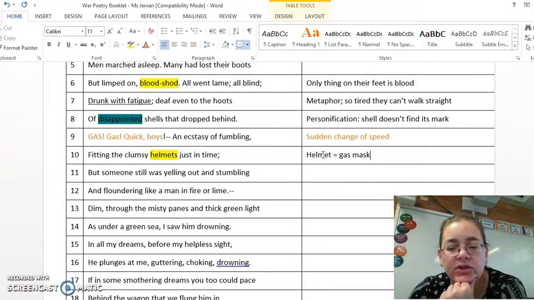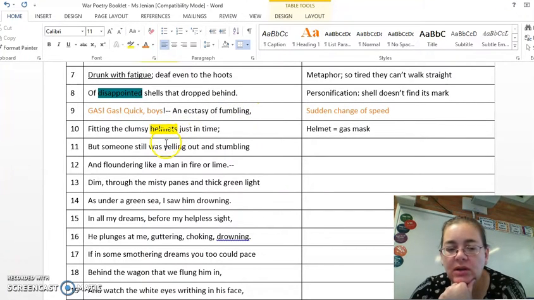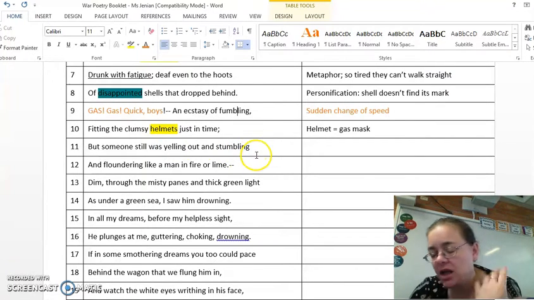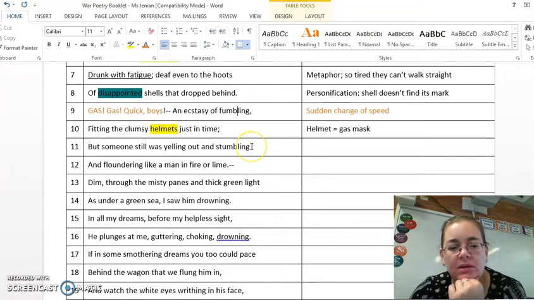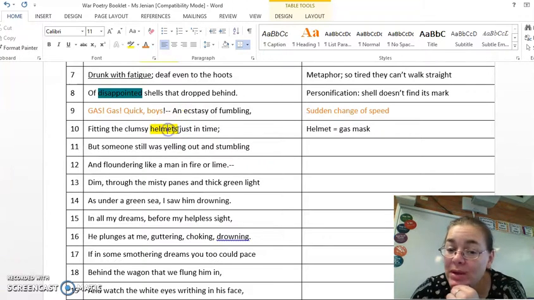And this is where he describes that fumbling, the clumsy fumbling, trying to get these helmets on. And we saw some images of those gas masks, and they were very clunky, not very refined. I mean, this was the first time that gas had been used as a weapon, ever. So this technology of the gas mask was extremely new, and that's why we don't even have a word for it yet. But somebody was still out yelling.